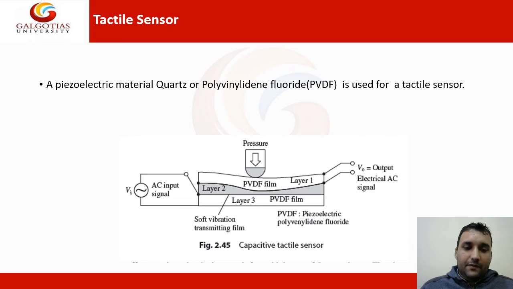The voltage is applied using an AC input signal, so as the shape changes, the signal passing through it also changes. This change in the signal is measured here, so how the pressure applied on the PVDF affects the output signal is measured.